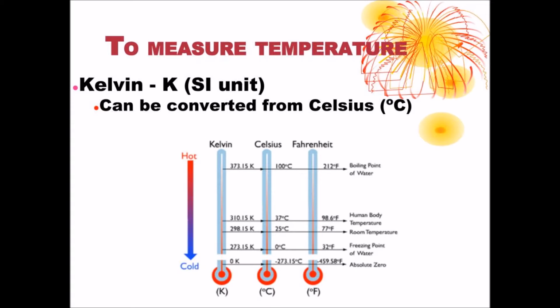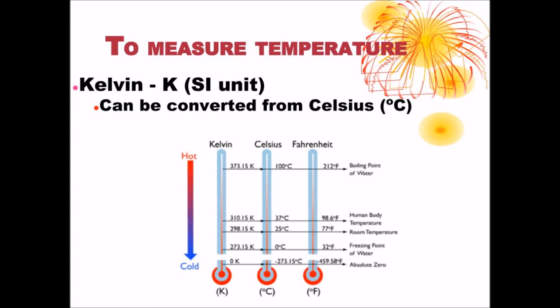If you look at the Kelvin and the Celsius scale, you'll notice that the increments are the same. But the lowest temperature on the Kelvin scale is 0. We call that 0 absolute 0. That's the lowest temperature that could ever possibly exist. How do we know that's the lowest possible temperature?